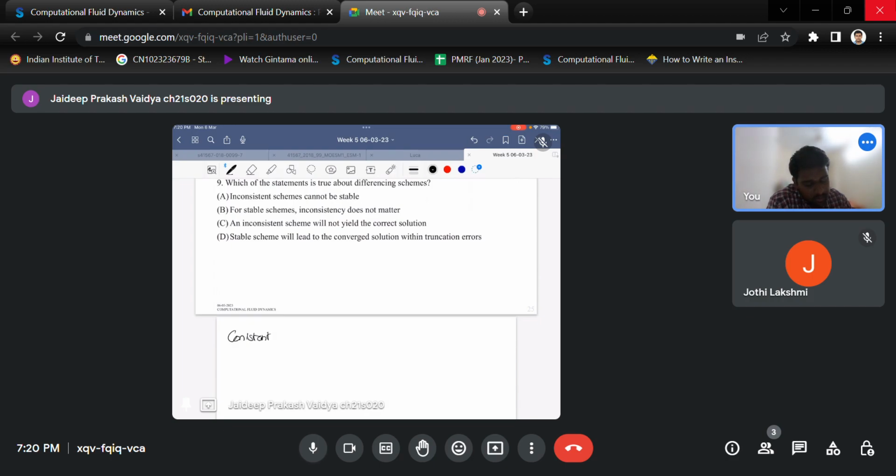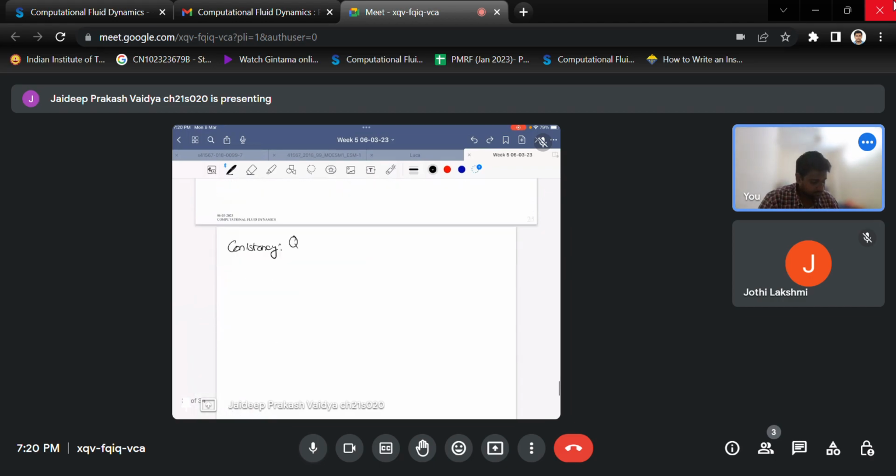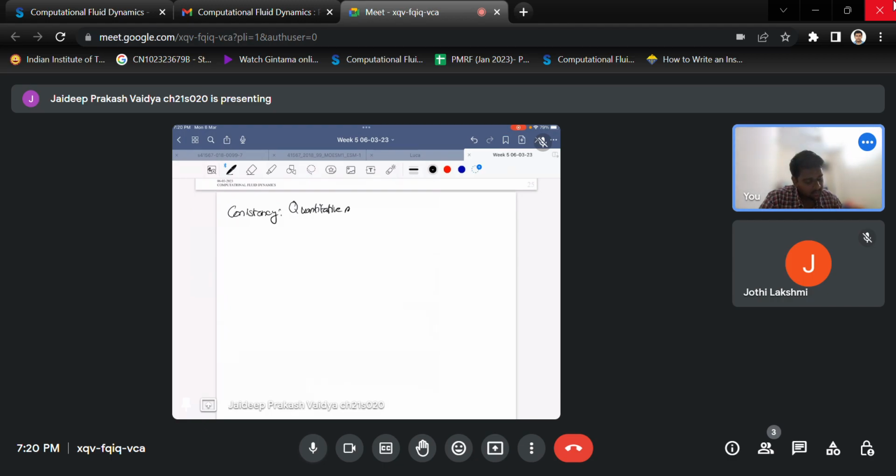Consistency refers to a quantitative measure of the extent to which the exact solution satisfies the discretized solution.